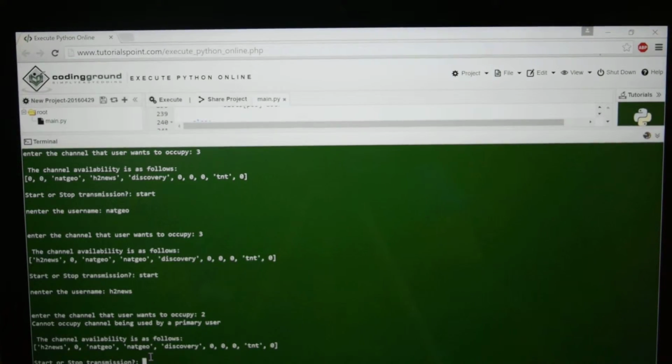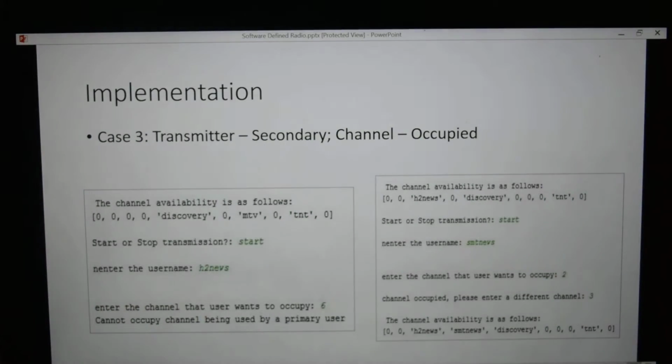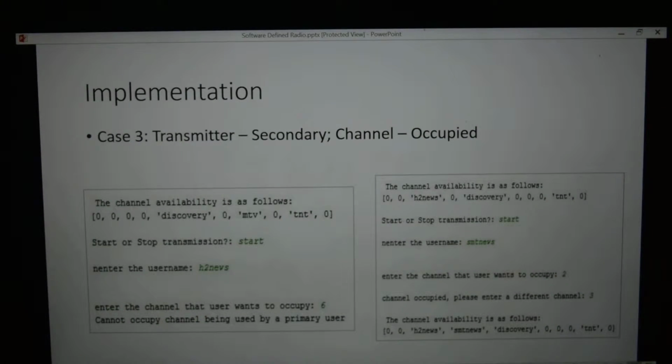So the program warns the user that he cannot occupy a channel being used by a primary user, so he is not given that channel. Now let us say H2 News wants to occupy a channel that is being used by a secondary user. Say SMT News has occupied a channel.